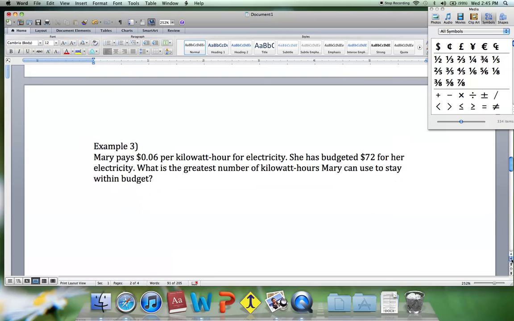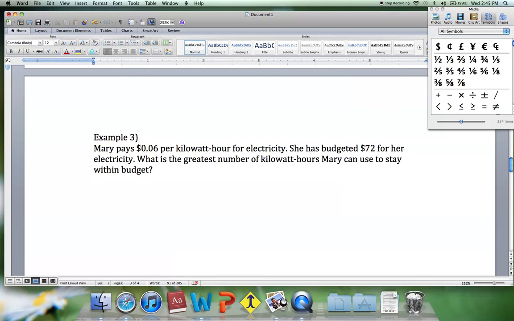Our next example. Mary pays 6 cents per kilowatt hour for electricity. She has budgeted $72 for her electricity. What is the greatest number of kilowatt hours Mary can use to stay within budget? So the known values we have are 6 cents per kilowatt hour, and she cannot spend more than $72.